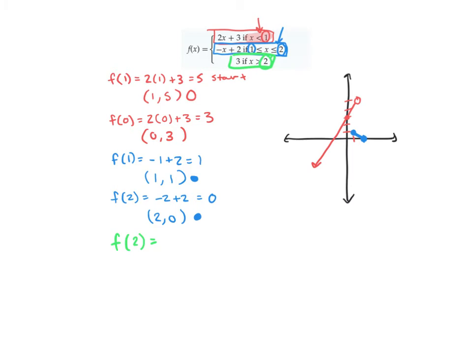Oh, it's 3. Whatever we plug in, we're going to get 3. So when we plug in 2, there's nothing to plug in, we just get 3. So when our x is 2, our y is 3. So what's our point? 2, 3. Do we have an open circle or closed circle? Open. So we go to the right 2 and go up 3 and put an open circle.